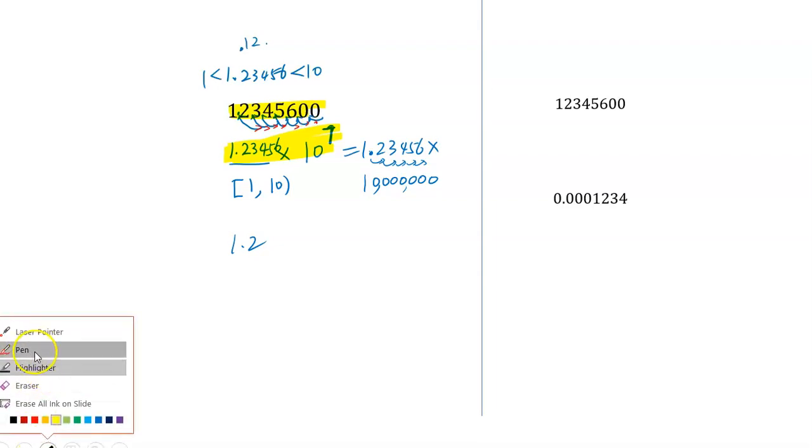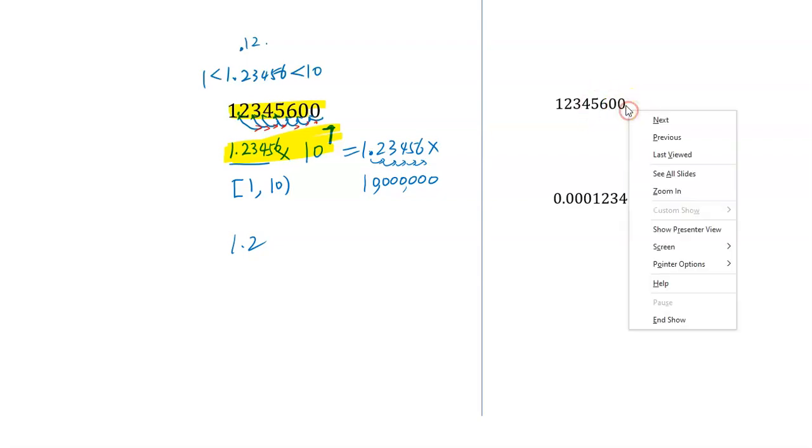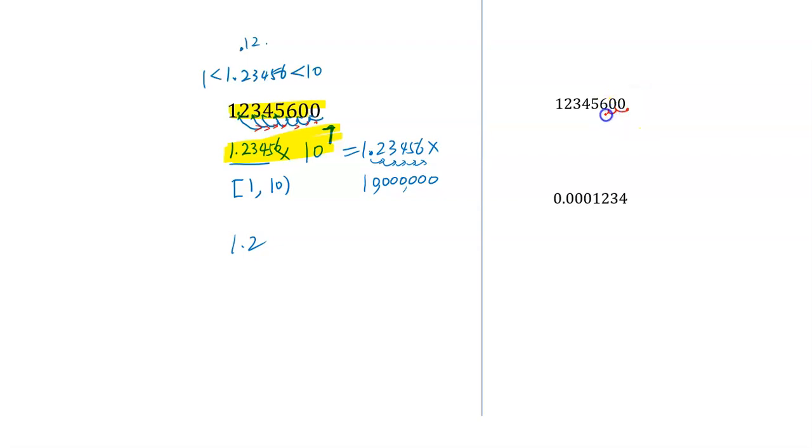Now, to summarize, how do we turn this number into its scientific notation? First we put a decimal point at the end, because for whole numbers we don't really see a decimal point. Then you start counting how many times you have to move the decimal point so you can get a number between 1 and 10. You write down that number times 10 to some exponent, and the exponent is how many times you moved the decimal point.